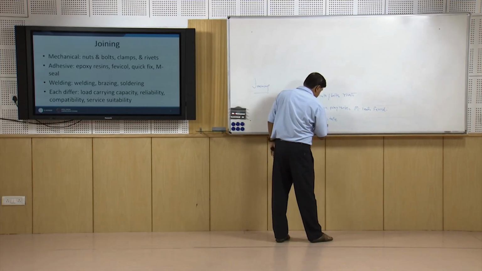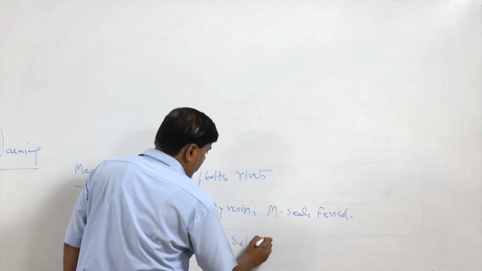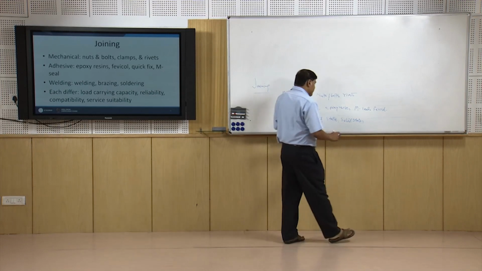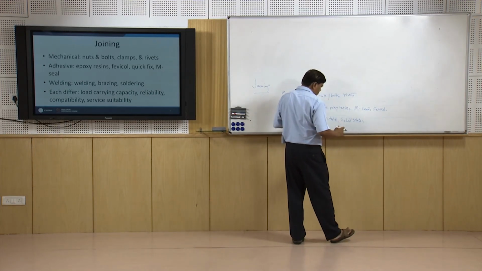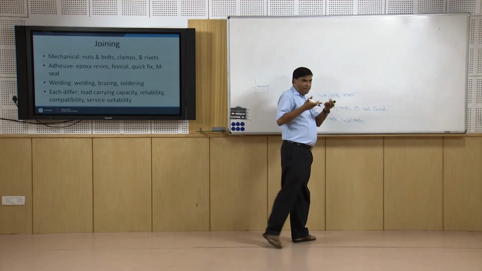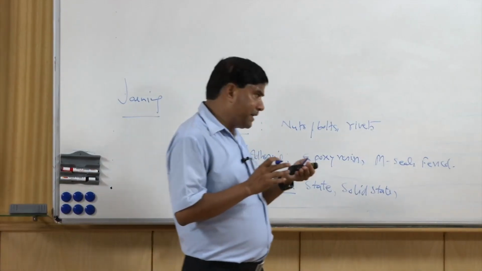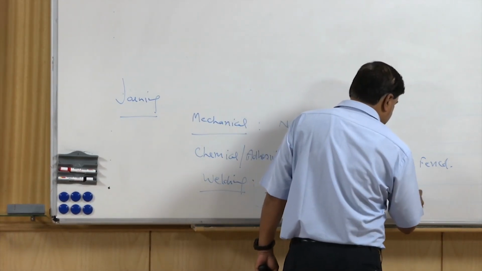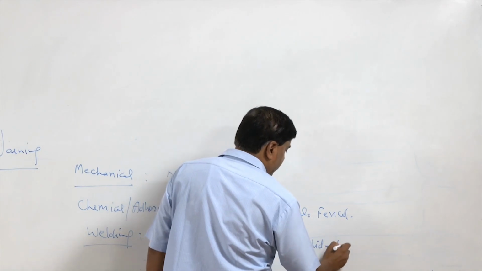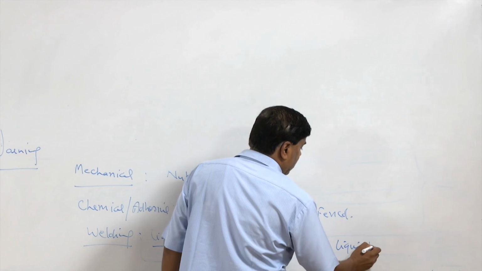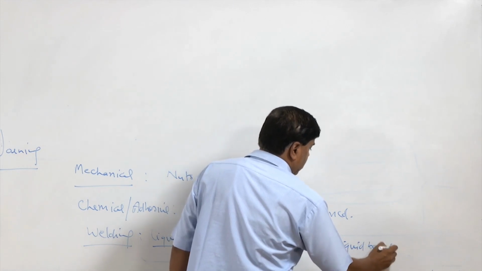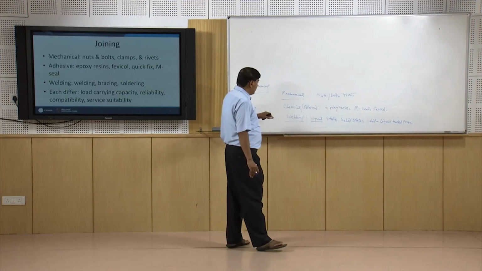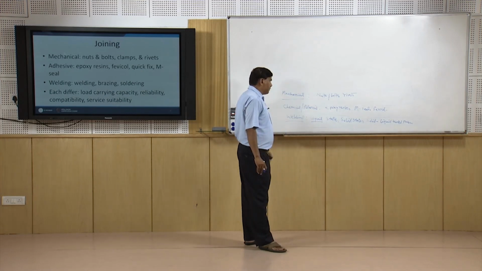So, there is solid-state joining like friction welding or friction stir welding, and there are certain joining processes where the base metal remains in the solid state and the filler metal is brought to the molten state, in processes like brazing and soldering. So, they fall in the category of solid-liquid based processes. So, these are the three broad categories of processes.